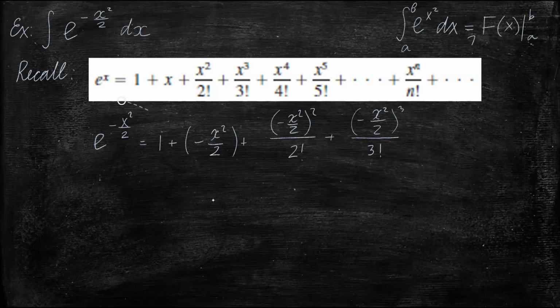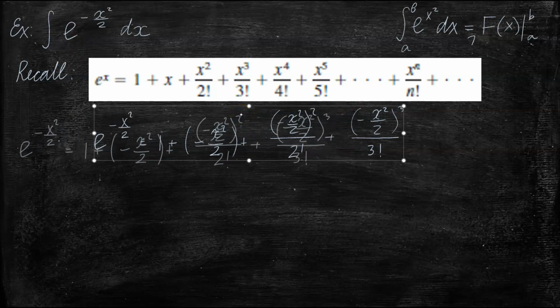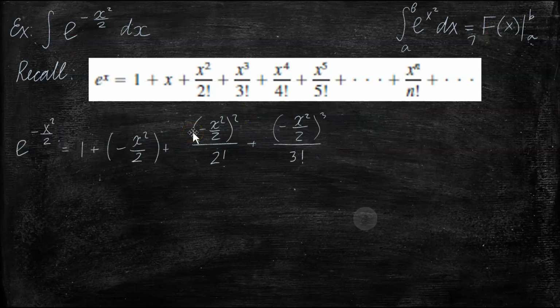And of course, if desired, we can keep track of the nth term of this series. So we just plug in negative x squared over 2 to the power n over n factorial.